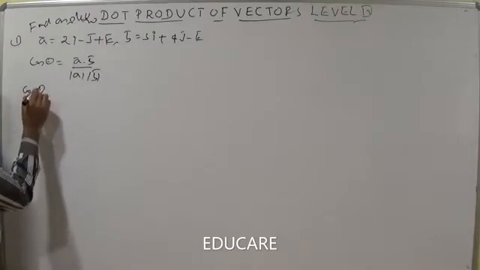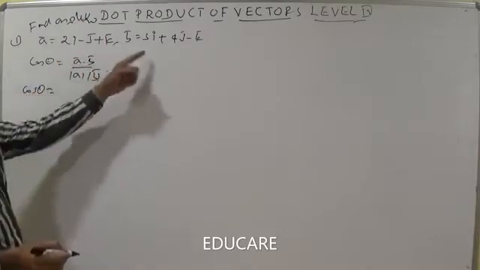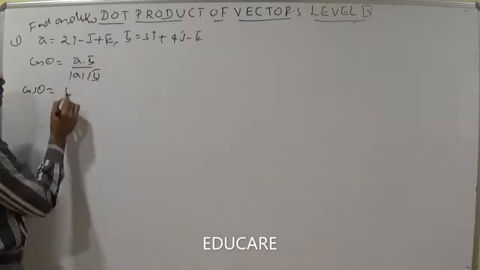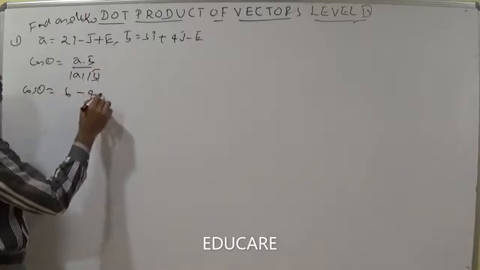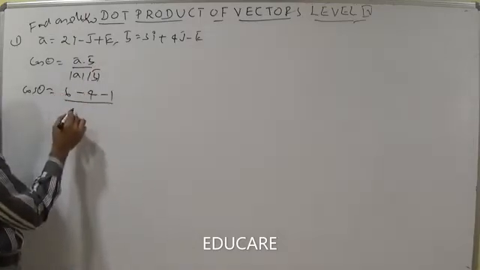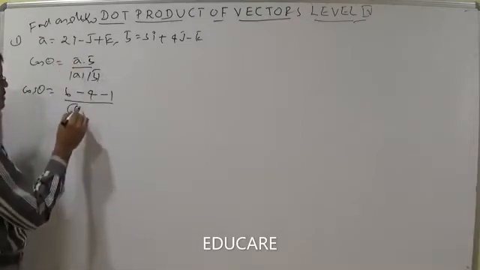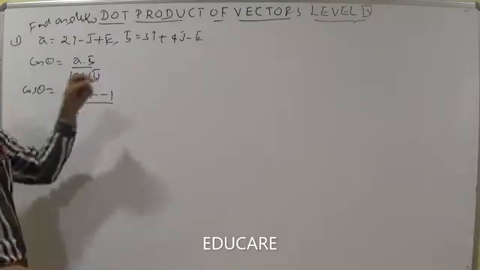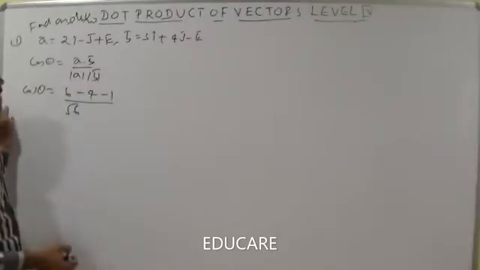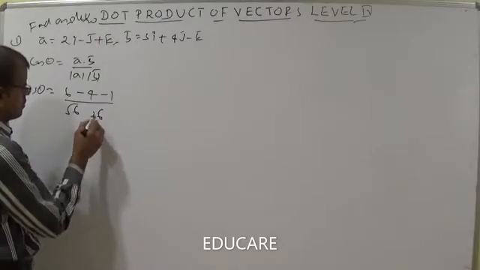Cos theta is equal to the dot product: 2 threes are 6, minus 4, minus 1, by root of 4 plus 1 plus 1, which is root 6, into root of 9 plus 16 plus 1, which is root 26.